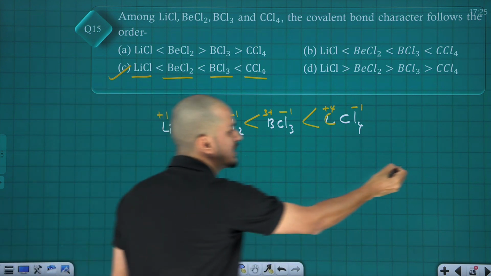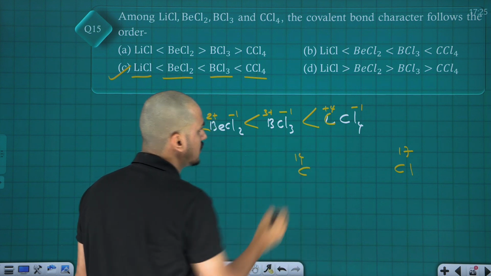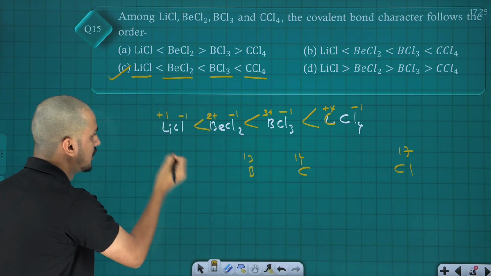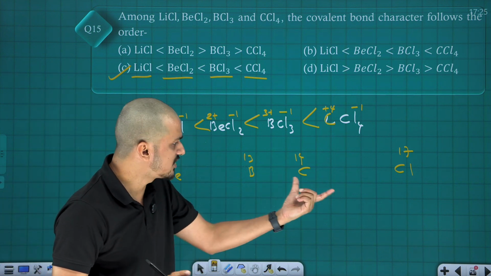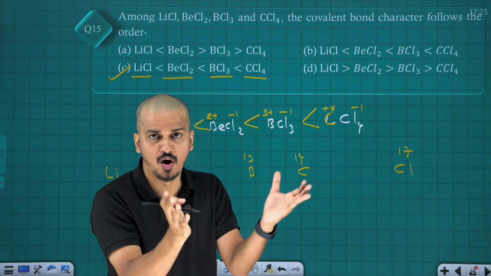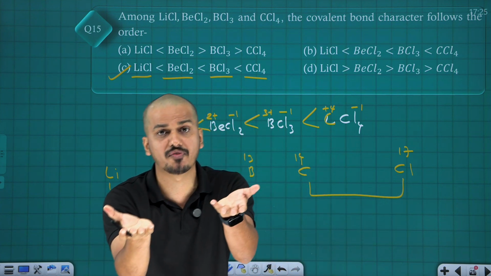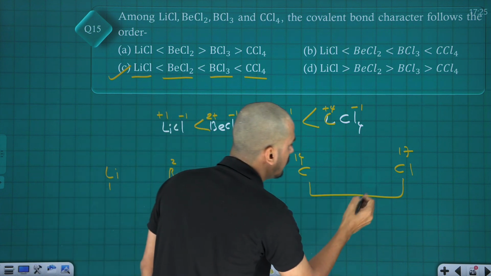What? Chlorine is in 17th group. Carbon 14th group, boron 13th group, okay, beryllium 2nd group, lithium 1st group. If the atoms are going to make a bond, if they are coming closer, that means less electronegativity difference, automatically they will form what?